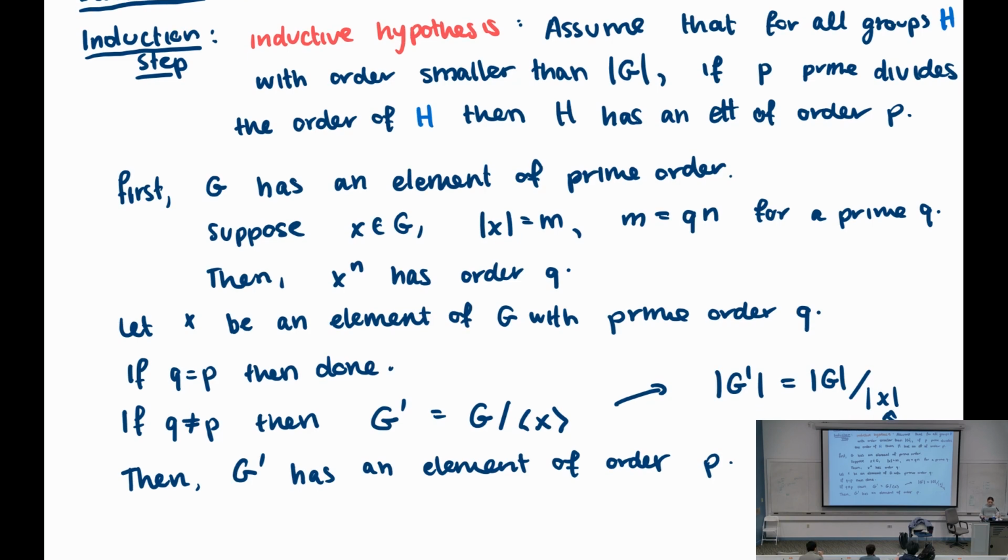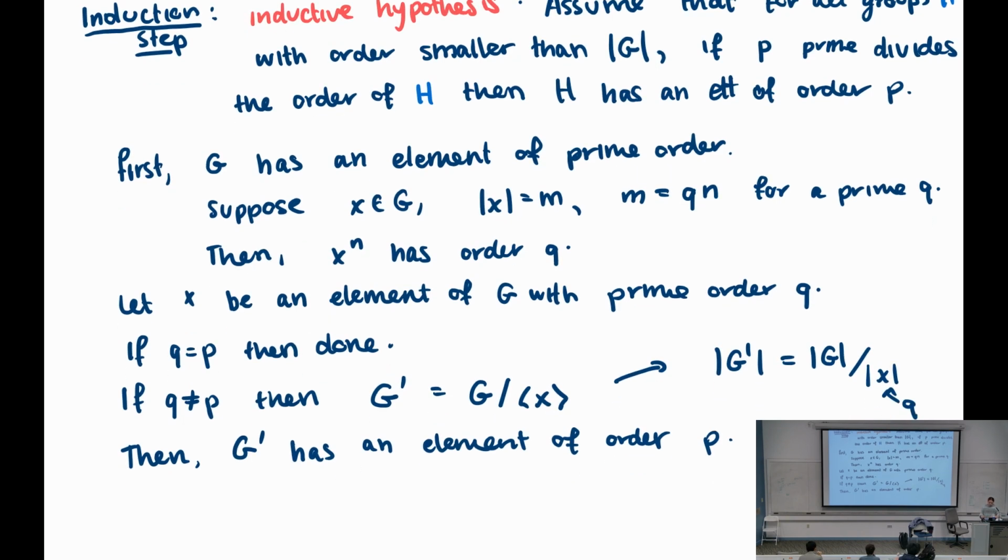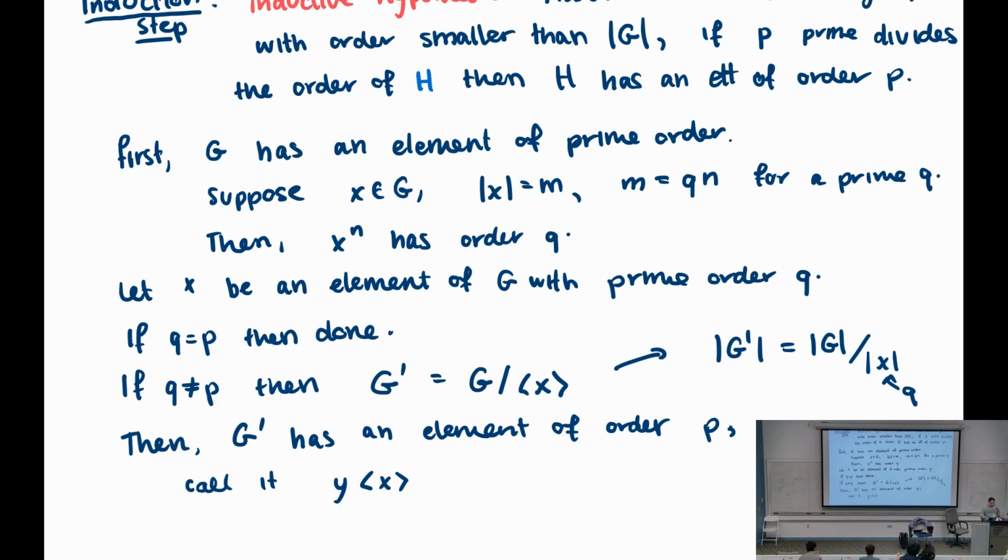So G prime has an element of order P. Let's call it Y times the subgroup generated by X, because we're in the quotient group, so the elements of this are left cosets of the group generated by X. What do we know?